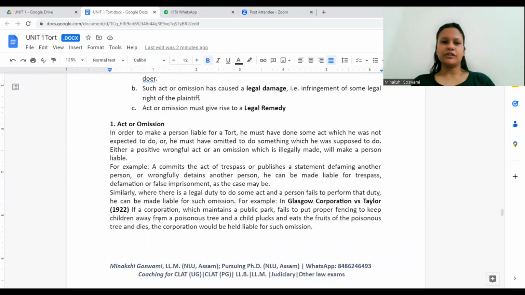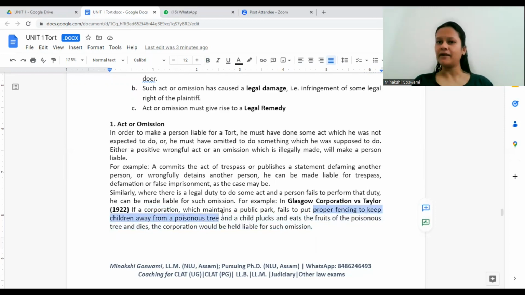Glasgow Corporation versus Taylor. What happened here is there was a public park, which was maintained by this corporation. Now, when you are maintaining a public park, you have a responsibility as well towards the public who will come to that park. What happened here is they failed to put proper fencing to keep children away from a poisonous tree.